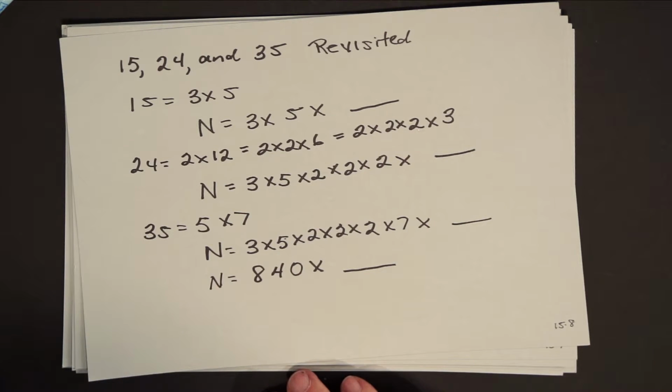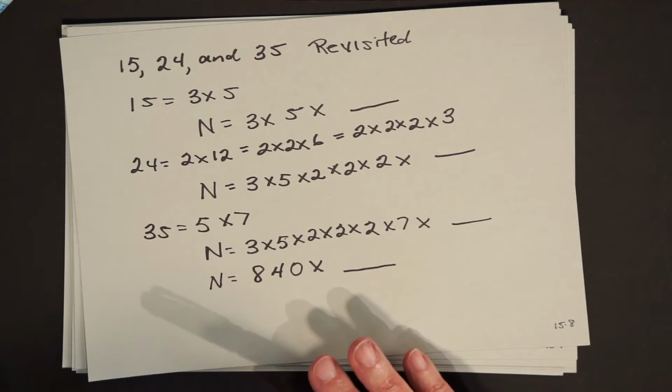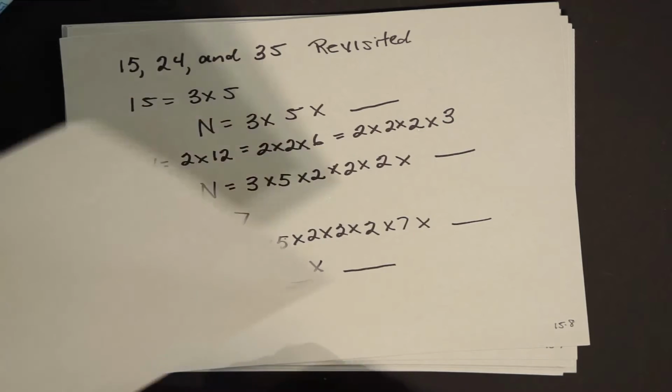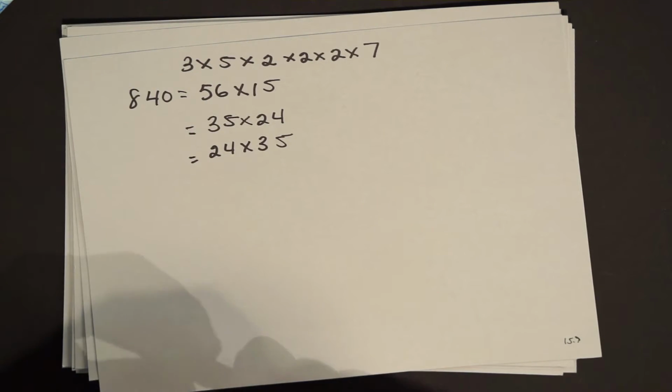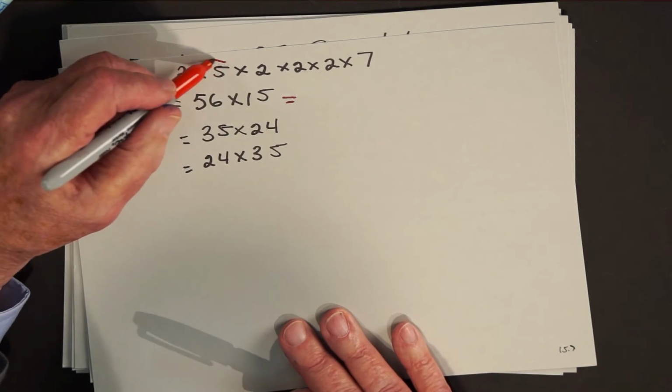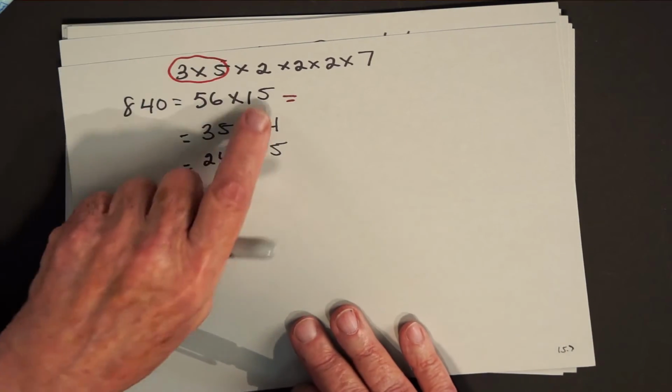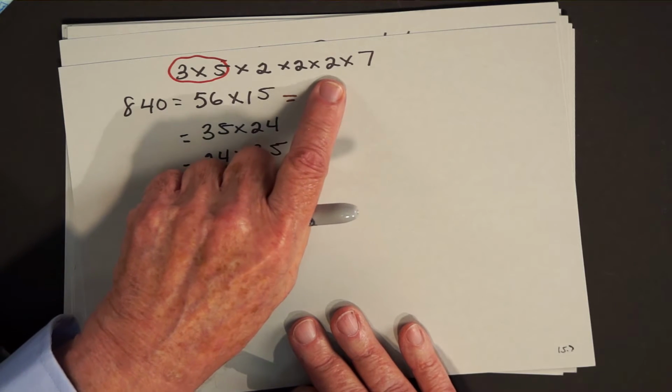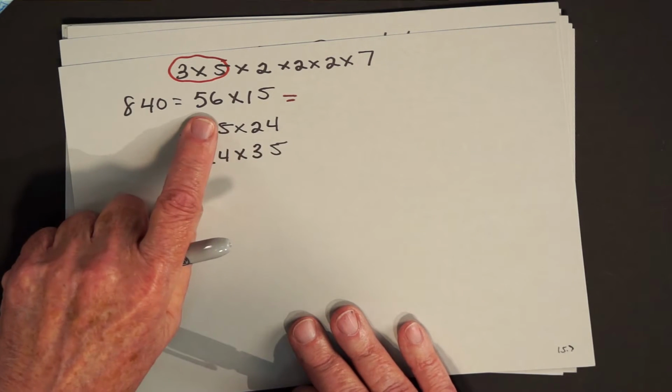And you might then ask, well, it's the smallest common multiple, where would it appear on the list? Well, let's see what multiple of 15 840 is. Cover up the 15, and what's left is what? 2 times 2 times 2, which is 8, times 7 is 56.